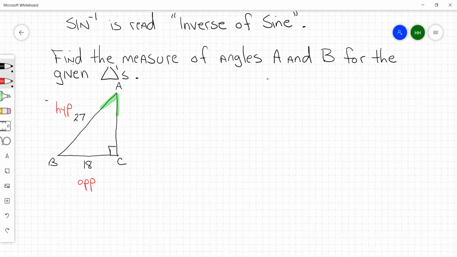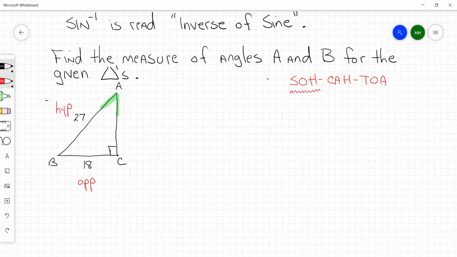You still got our acronym, SOHCAHTOA. Now, we're dealing with opposite and hypotenuse. Opposite and hypotenuse is sine. But we're finding an angle measure, so we're using inverse of sine.